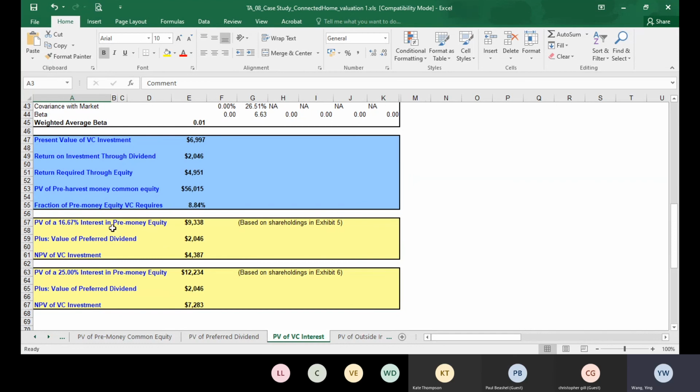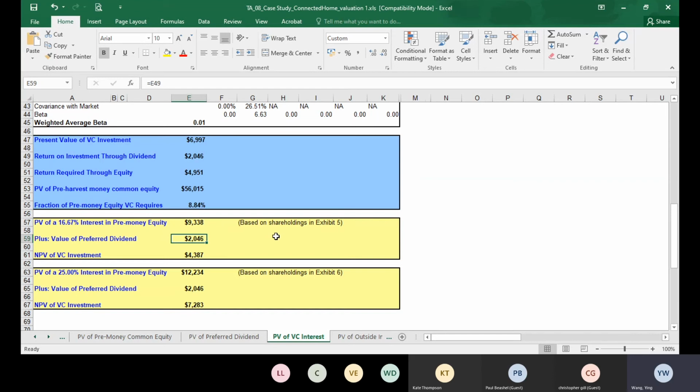Another rationale here: if you give them a 60.67% interest, they will get 9,338,000 based on their 7 million investment. So the net NPV, after they value the preferred dividend, is fixed and paid every year, and that's one of the cases for the venture capital.